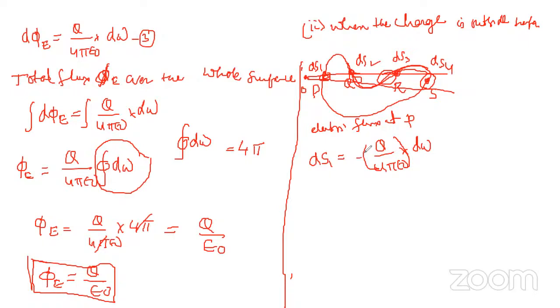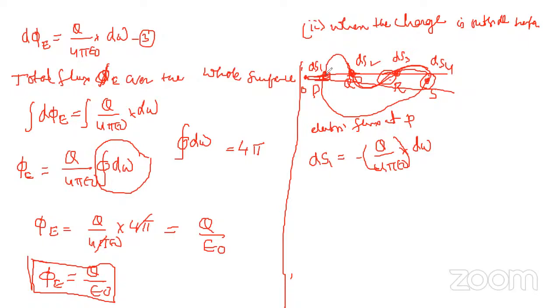Why are we getting a negative sign here? You have to always consider that the electric flux for an outward normal is positive. At this point it is outward normal, and at this point it is inward. That means the electric lines of force are entering this surface here, going out at this point and again entering at this position, and again going out here.